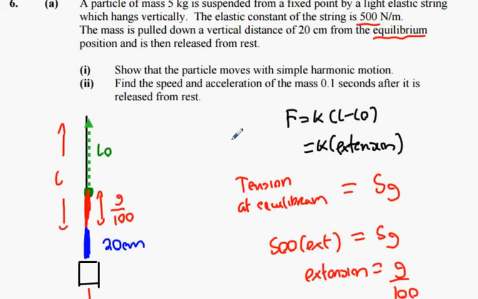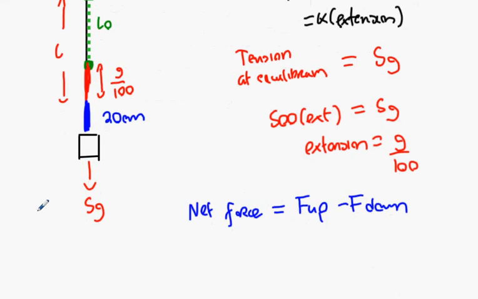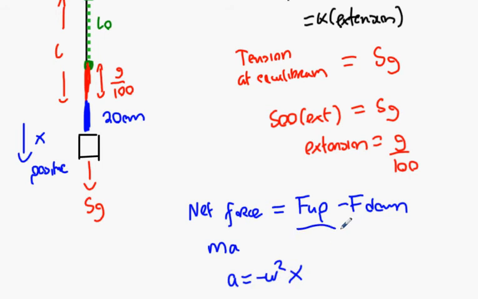Just be aware, displacement downwards is considered positive. Therefore, we're looking to set up mass times acceleration for force, and we're trying to set up a equals minus omega squared x. This means the force up minus the force down should be a negative number.